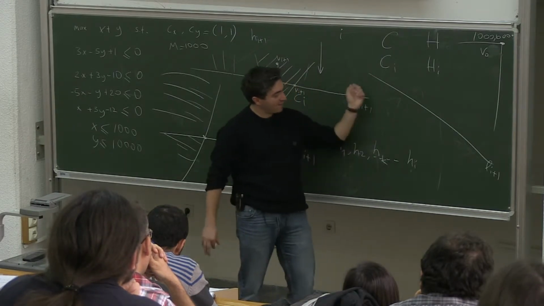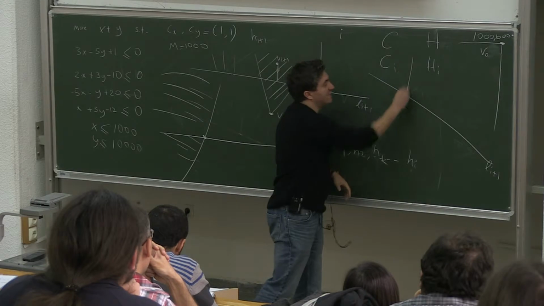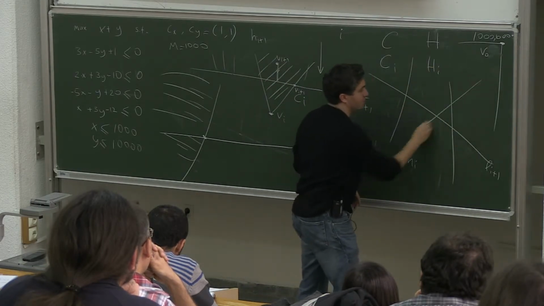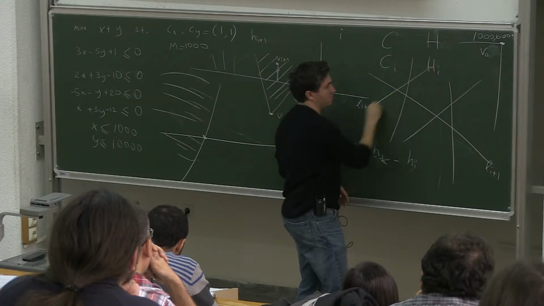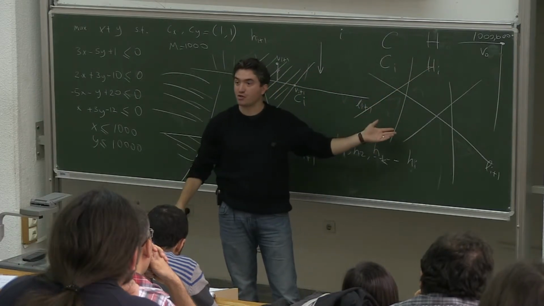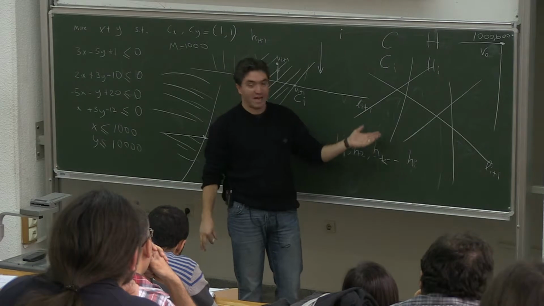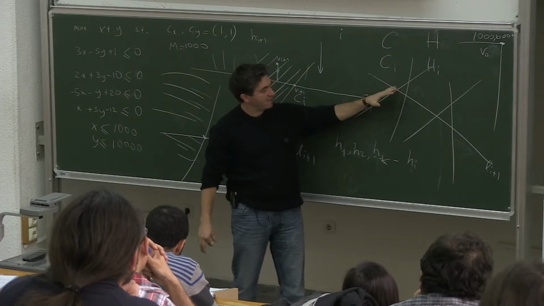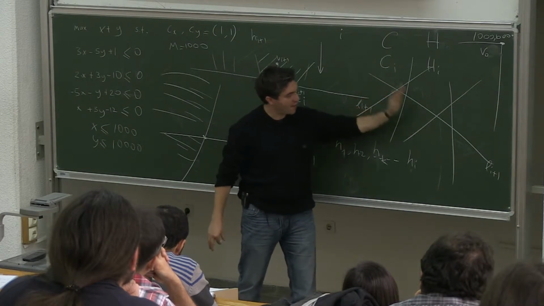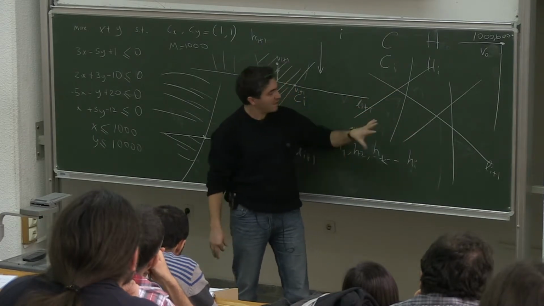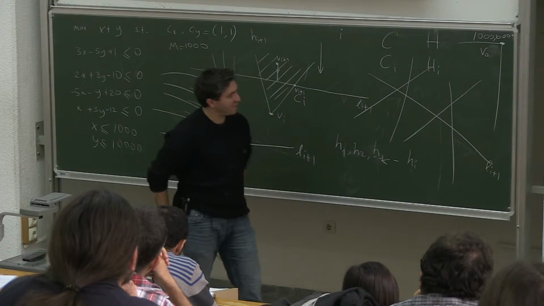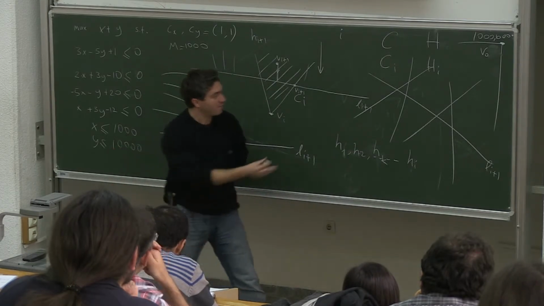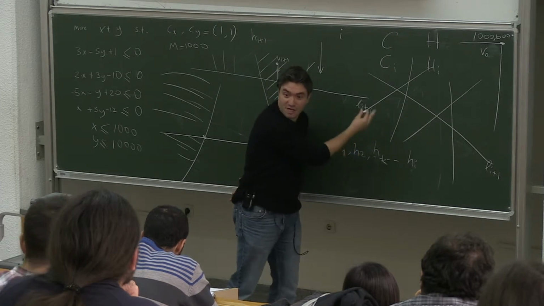Now, if I know the intersection of this line with all the previous linear constraints, look at this region: where can v_{i+1} be? First, I need to tell you the feasible region of each of these lines.